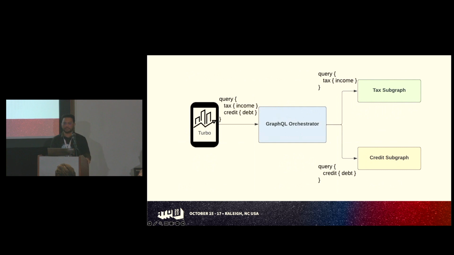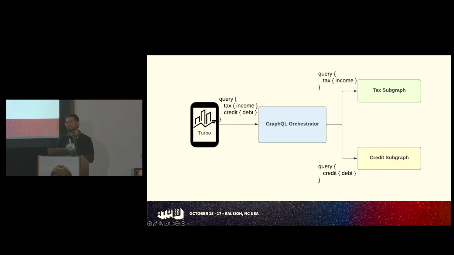To iterate the problem in the context we had back in 2017, 2018, we were coming up with the idea of an app which would take data from the tax ecosystem and the credit ecosystem and show a better financial picture to the user by showing metrics like net worth, debt to income ratio, and stuff like that.